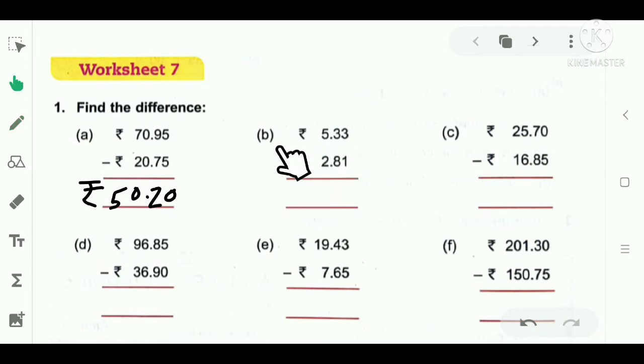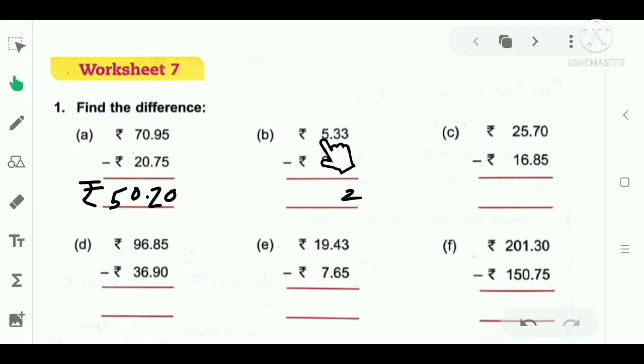Let's do B part. Rupees 5 33 paise, rupees 2 81 paise. We will subtract it. Start from here. 3 minus 1 is 2. 3 minus 8. We can't subtract this 8 from 3 because this 8 is greater than 3. So students, we will take borrow from here.